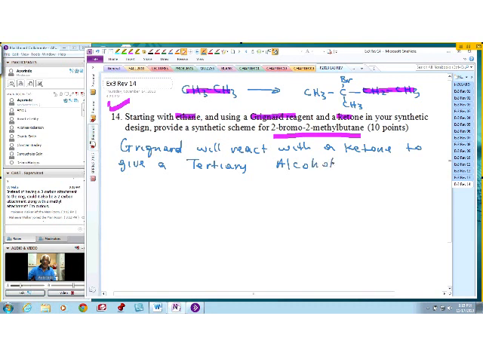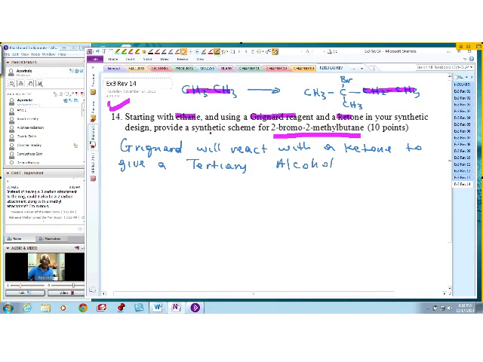Now, if you don't know this, you can't do this problem. You are completely out. But once you know that a Grignard will react with a ketone to give a tertiary alcohol, then the problem is solved. Because you know now, from your tertiary alcohol, you could go to your alkyl bromide.